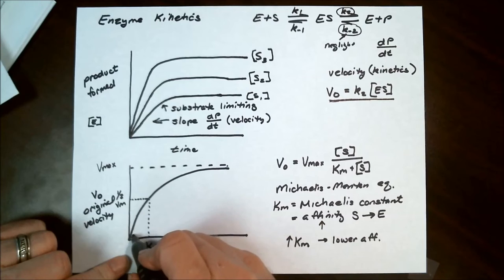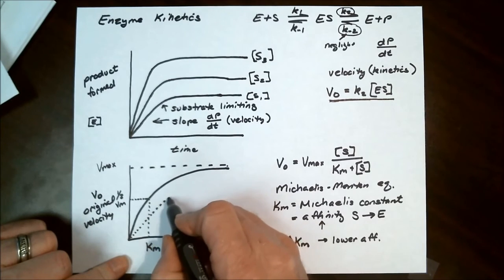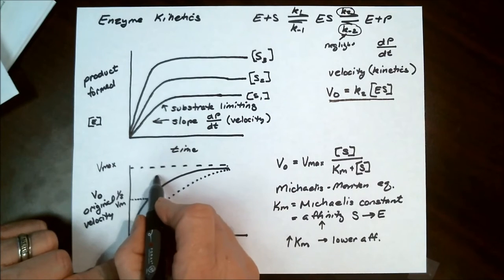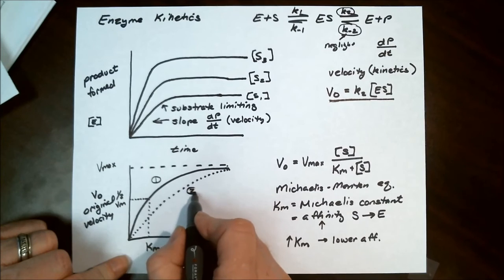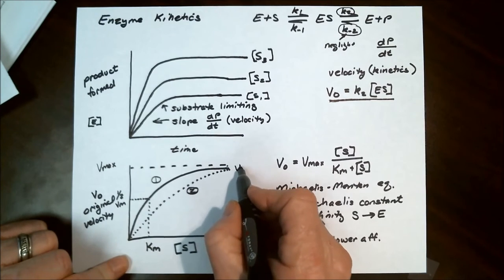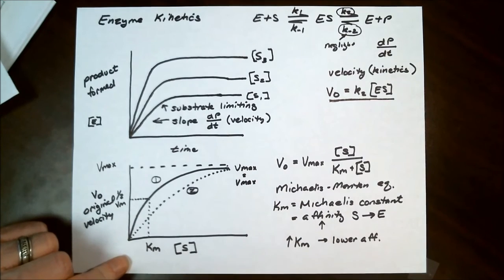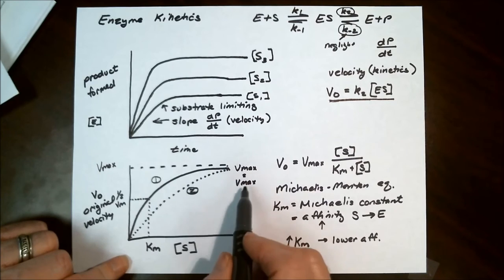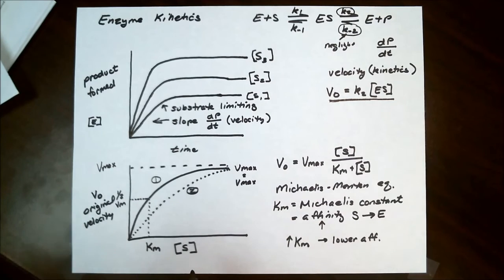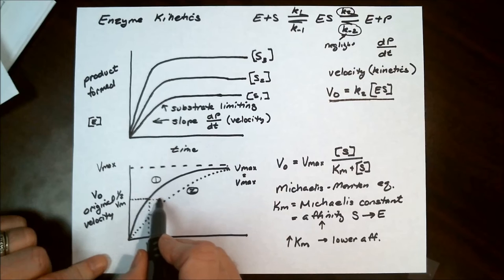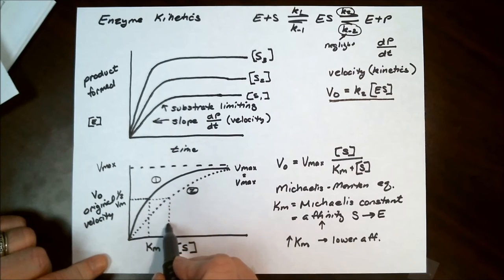So if we contrast two enzymes, let's say we have two enzymes here we're comparing. This would be enzyme 1. This would be enzyme 2. Notice that the enzymes have equal Vmaxes. That implies that the enzymes have the same velocity of converting the substrate into product at high concentrations of substrate. But now let's look at 1/2 Vmax.